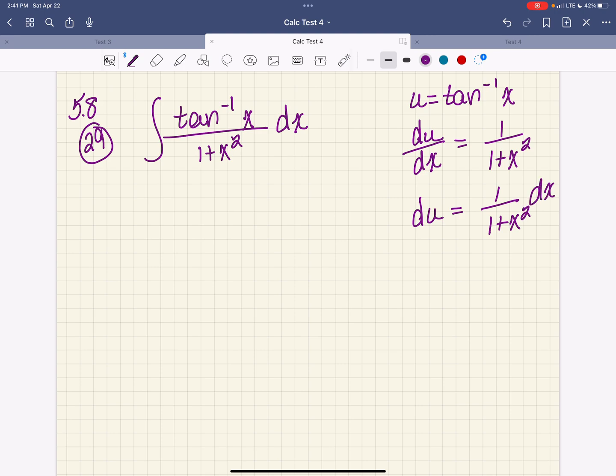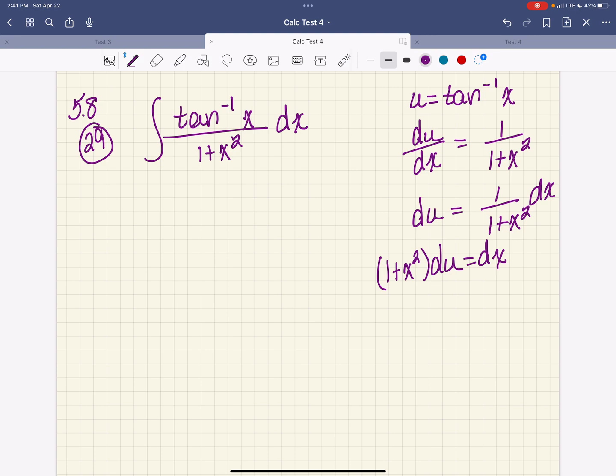And so what I would do here is I would multiply by 1 plus x squared over 1, and that's how I'm going to end up with 1 plus x squared du equals dx.